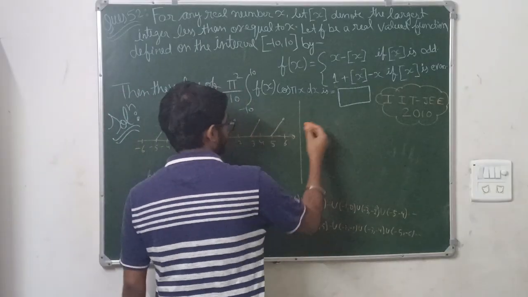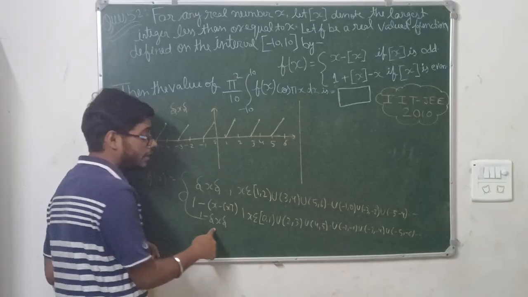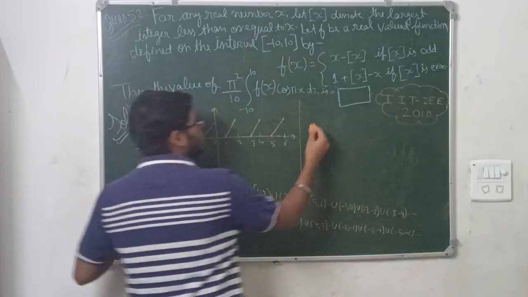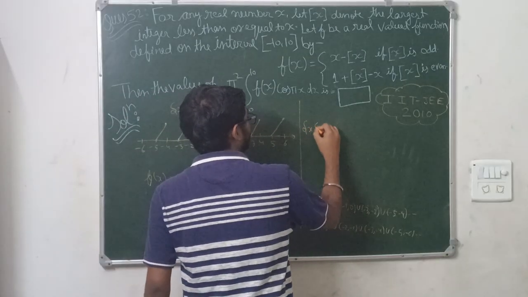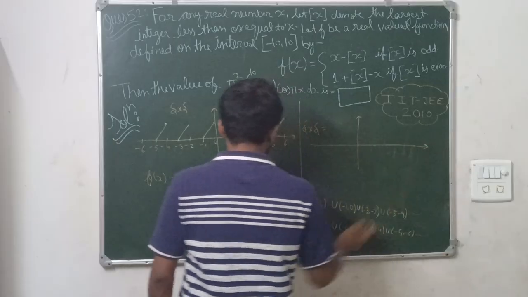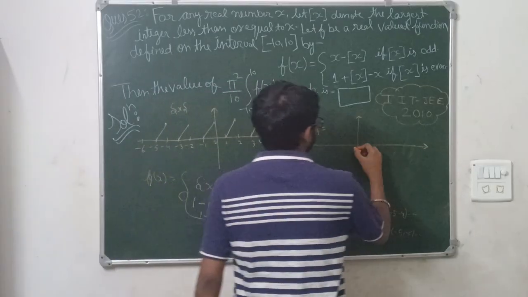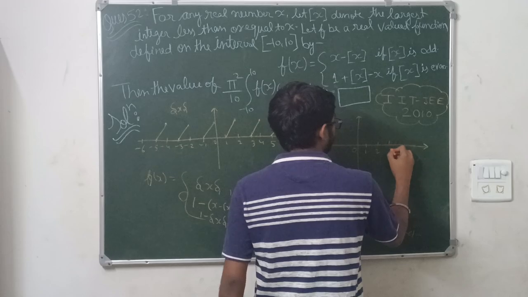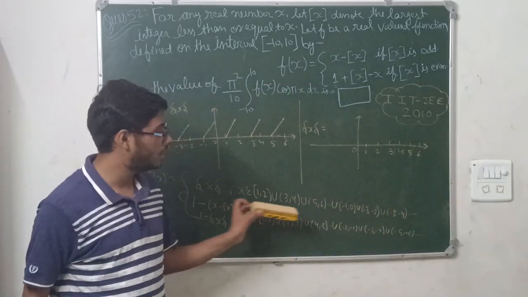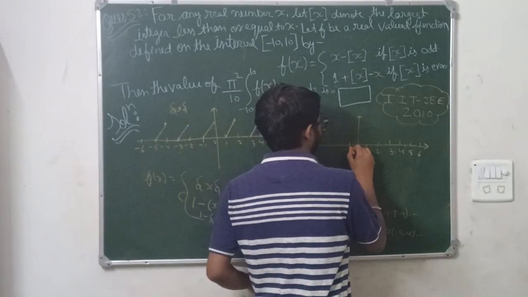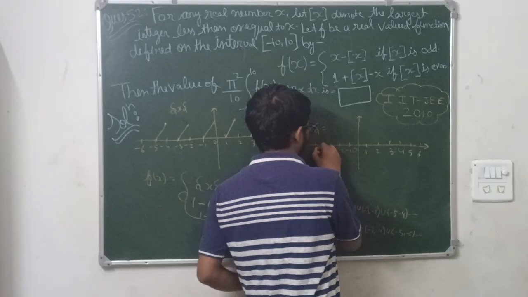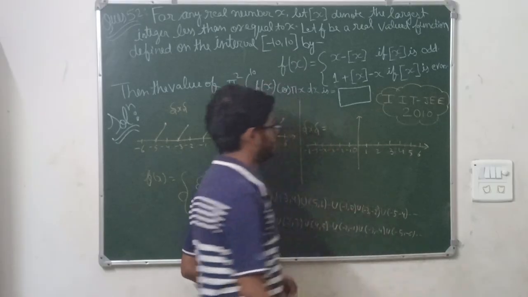Now for this graph, first of all you need to draw the graph of greatest integer of x for this interval. It is like this: 0, 1, 2, 3, 4, 5 and 6, and on the negative side minus 1, minus 2, minus 3, minus 4, minus 5 and minus 6.